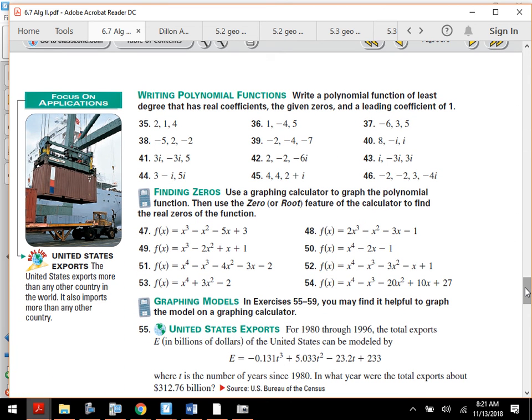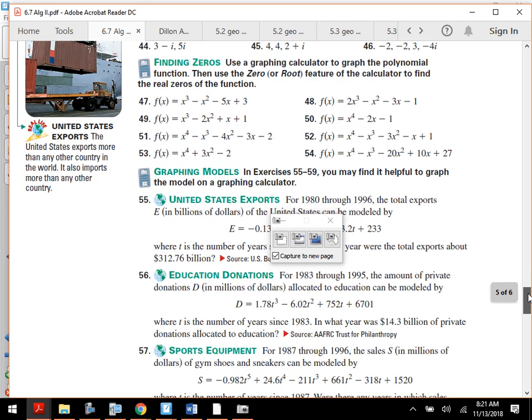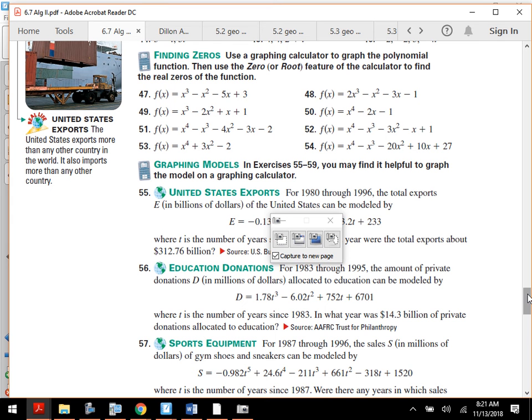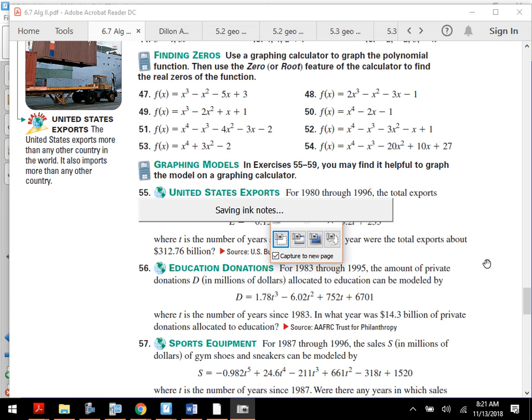Let's do 41 to 46. And then I want you to try 55. I want you to see if you can figure out how to use your graphing calculator to search for things within the table.